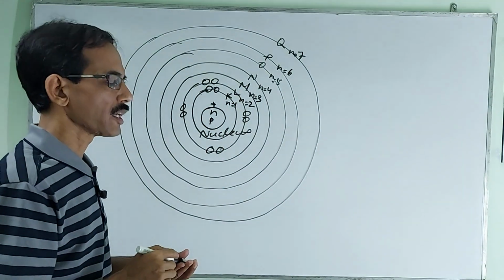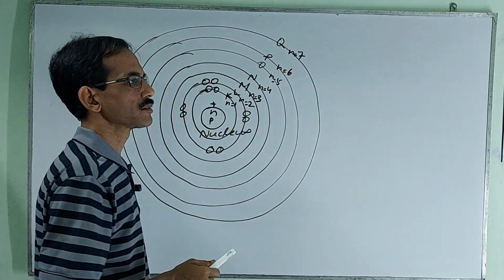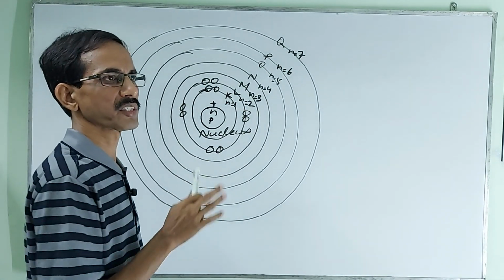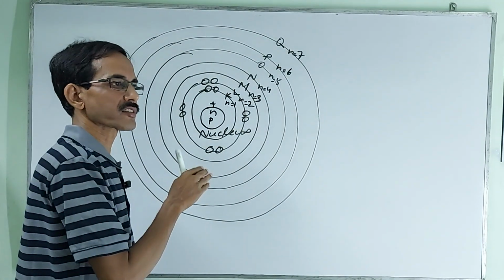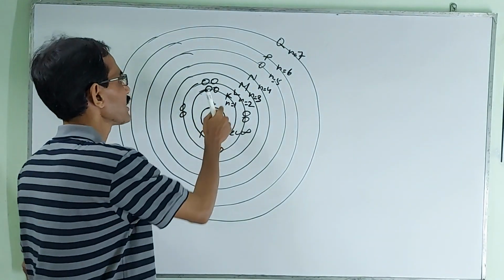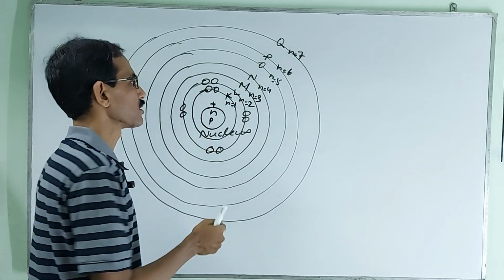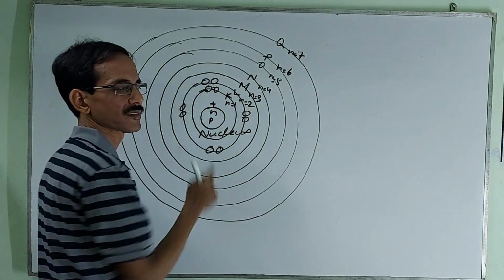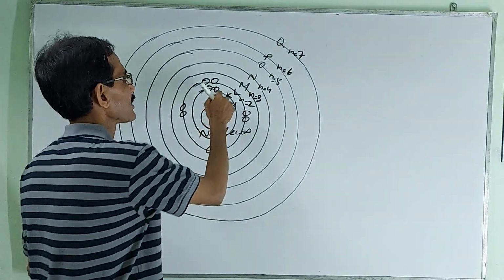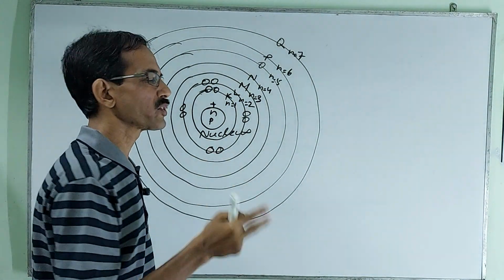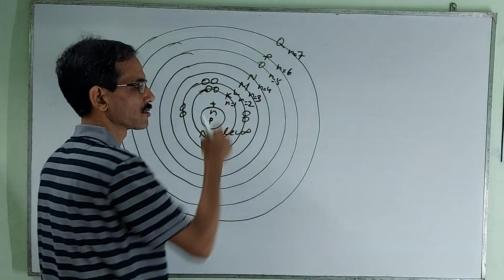Because in our modern periodic table, we have 7 periods. First period elements have only one shell, that is K shell. Second period elements have two shells, that is KL. Third period elements have three shells, KLM. Fourth period elements have four shells, KLMN.